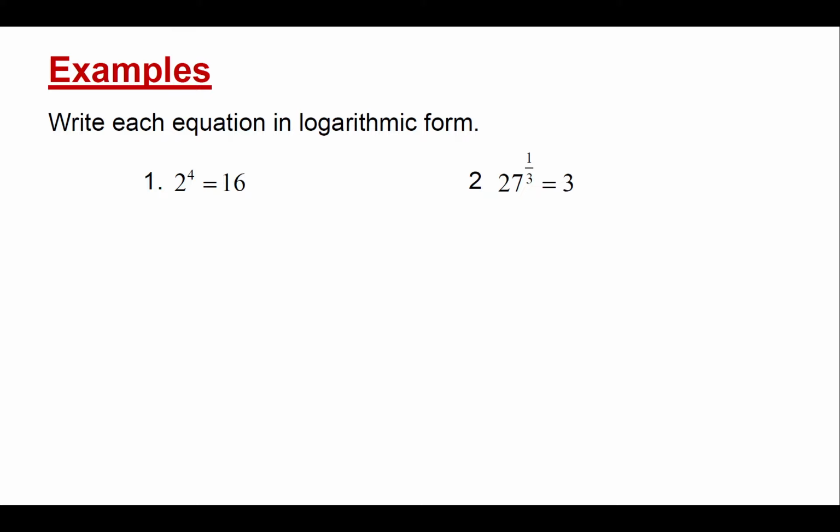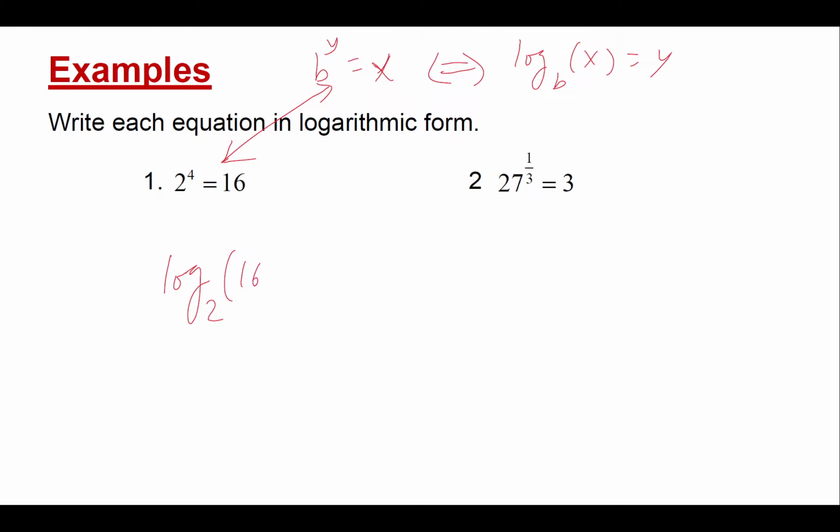So here, don't forget that if you have b to the power y equals x, which is equivalent to log base b of x equals y. So if you compare this one with this standard notation, then b is 2. So log base 2 of 16 equals 4.